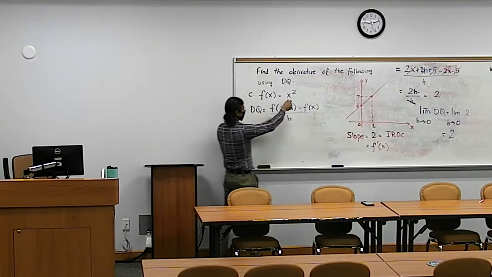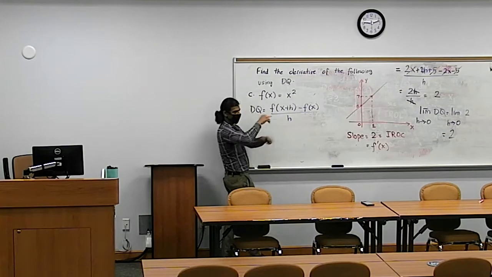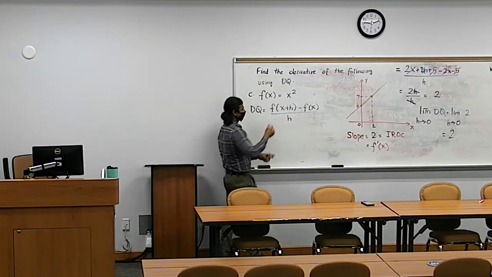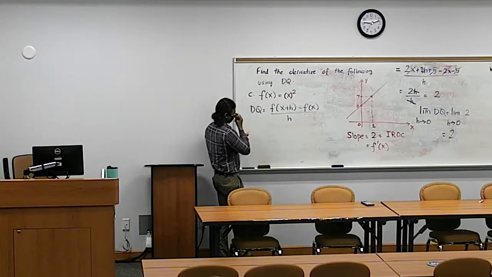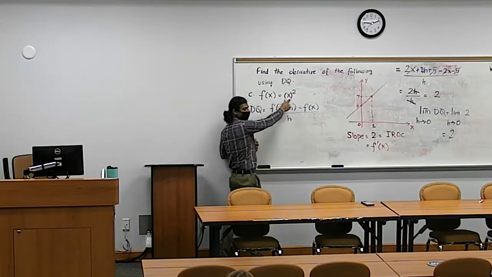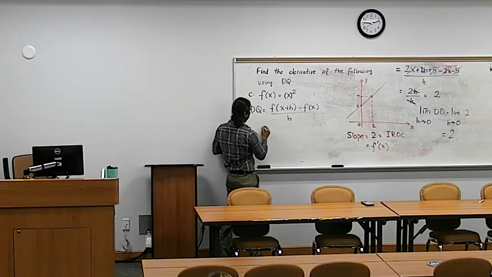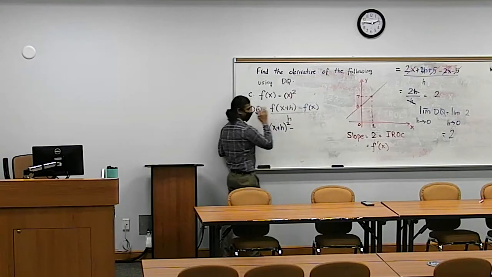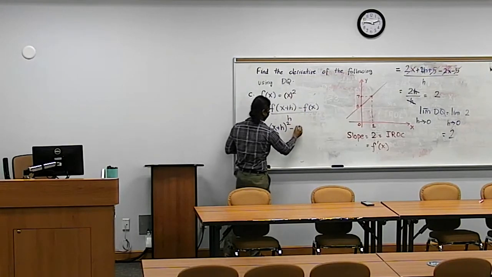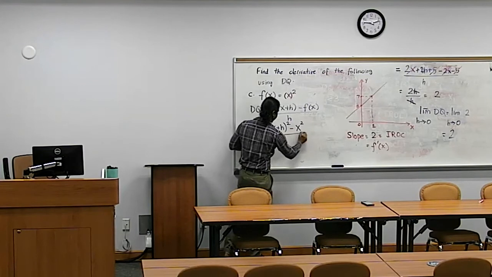Again, what should you put to not make mistakes? Parentheses. x plus h would go in there to get f of x plus h. f of x is simply x squared, divided by h.